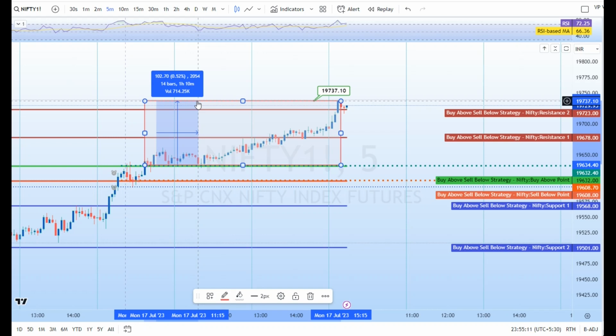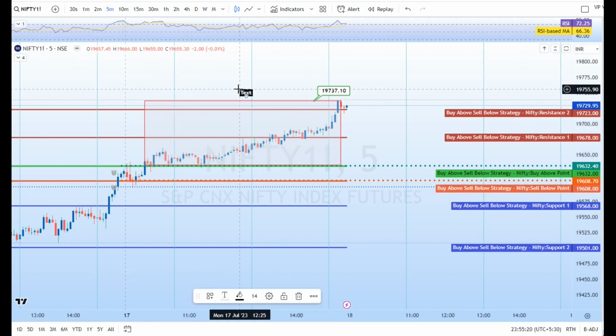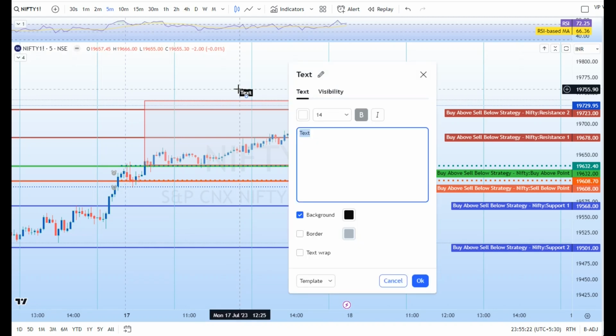That's fantastic. We got 103 points out of this move today on the Nifty. Now that's an amazing result, don't you think so? So let's mark here. We got 103 points on a single trade, on a single lot.